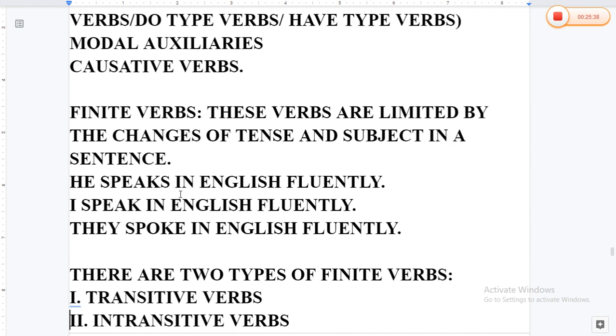Who will define? Pranesh, can you tell me what are finite verbs? Pranesh, are you there? Yes, sir. Pranesh, what are finite verbs? What did you get today? Pranesh, what is verb?